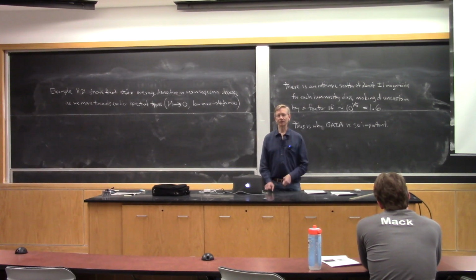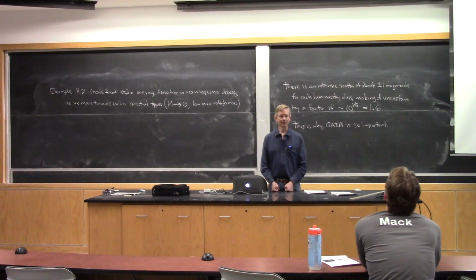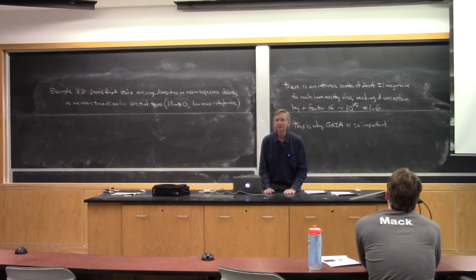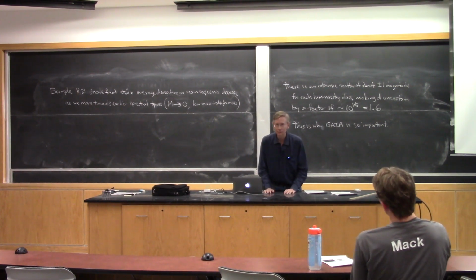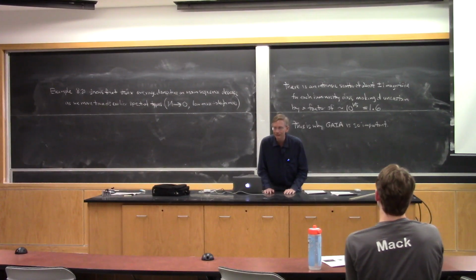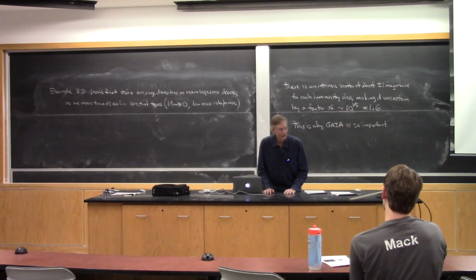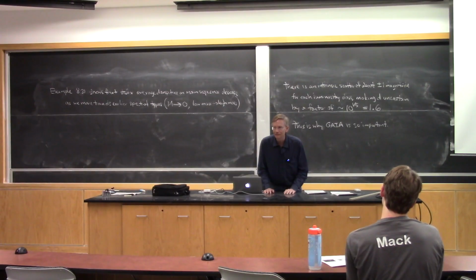How many years does it take you to spend $1 billion? A billion is how many times a million? 1,000. So how many times longer than 2.6 years will it take to spend $1 billion? 1,000 times. What's 1,000 times 2.6?